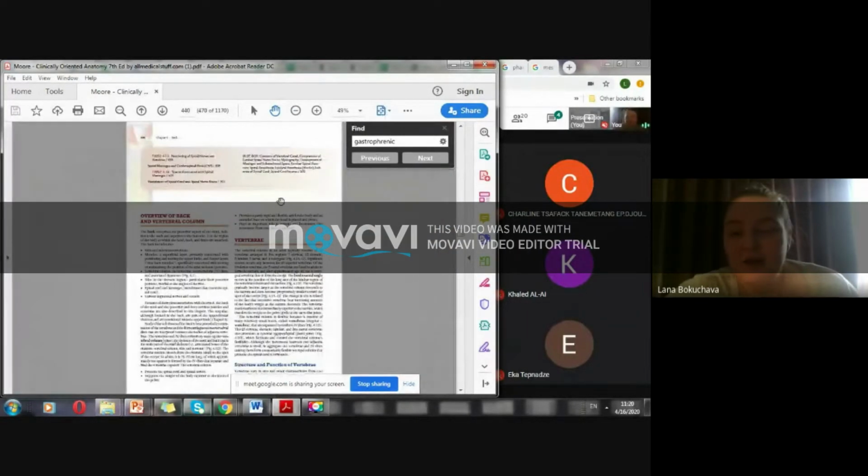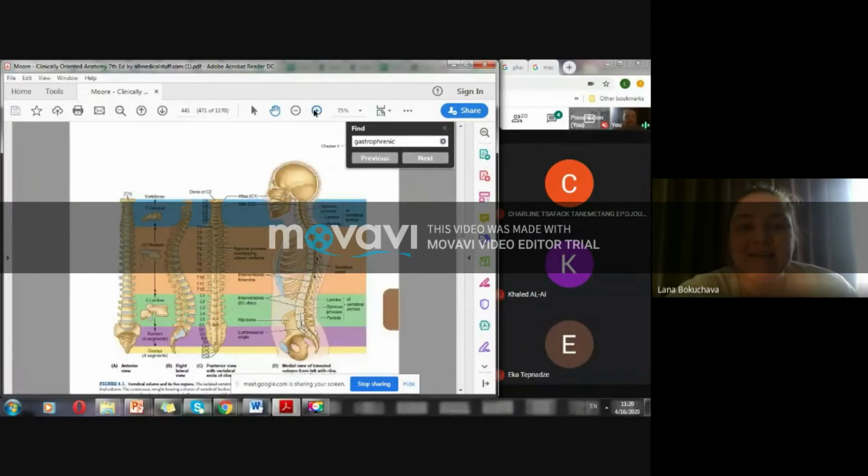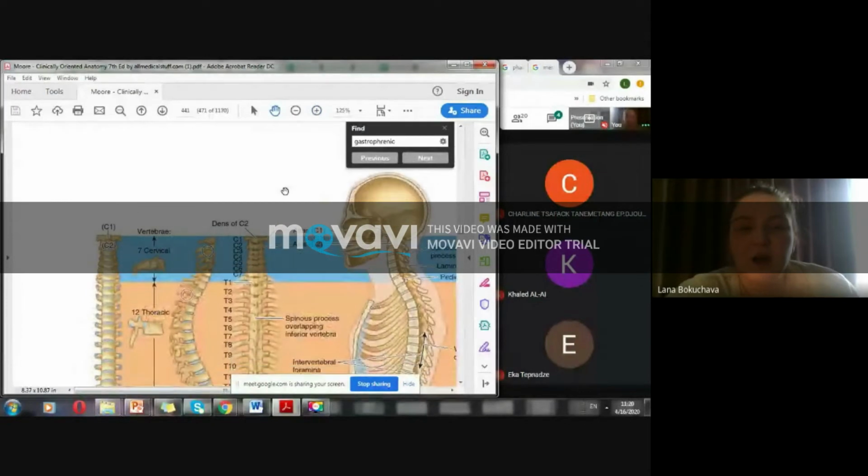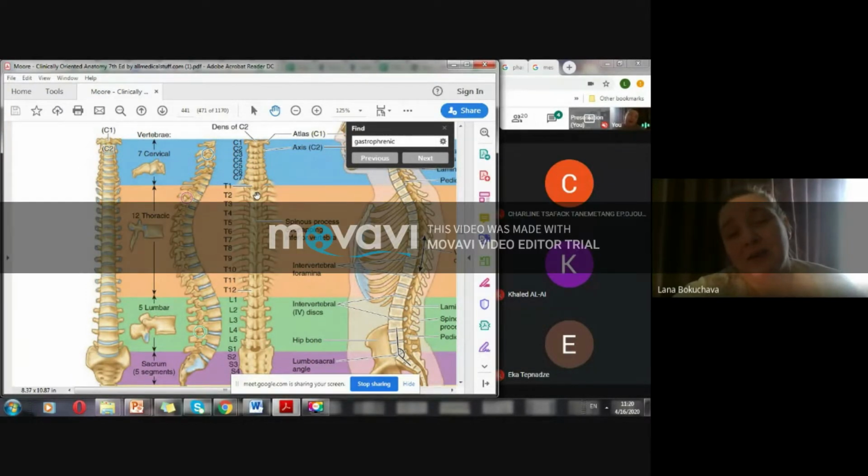Yeah, here. So this particular picture is designating these openings, so literally foramens between the spinal processes. So that's why, sure, it has some resemblance, not that much, but still has some resemblance towards the cervical vertebrae.